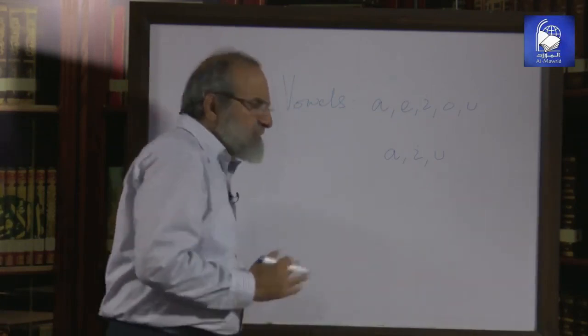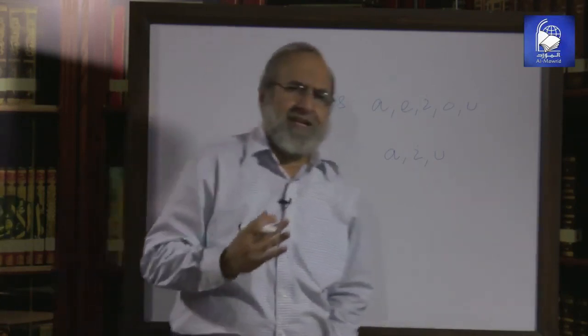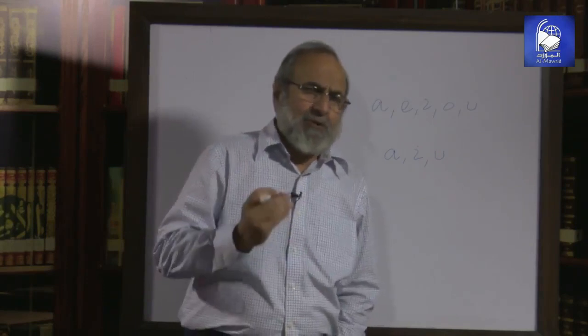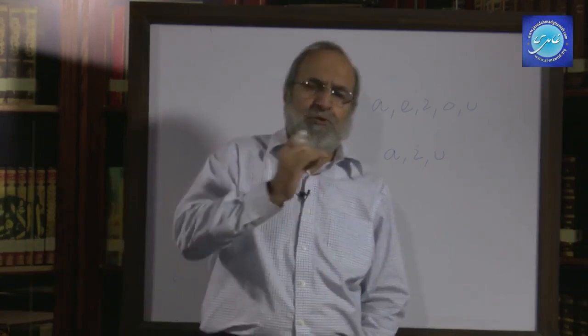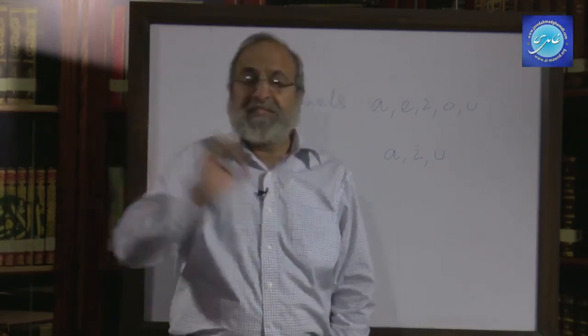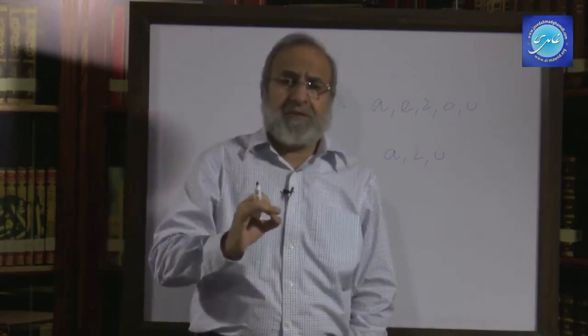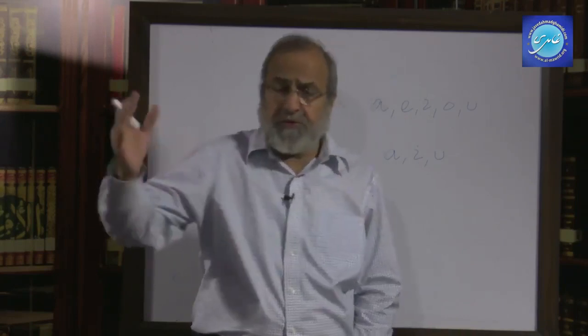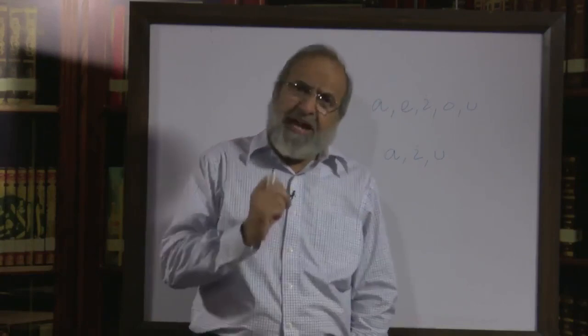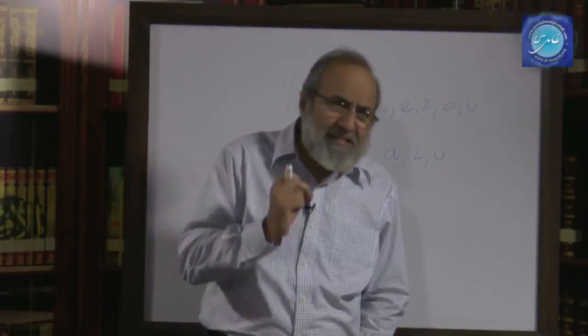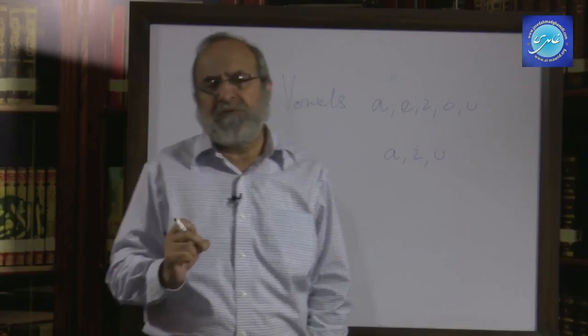The different aspect in Arabic is that while in English, vowels are very much a part of the list of alphabets, and they fall somewhere in the middle of the whole list of alphabets, in Arabic, you do not have any distinct alphabets for vowels.